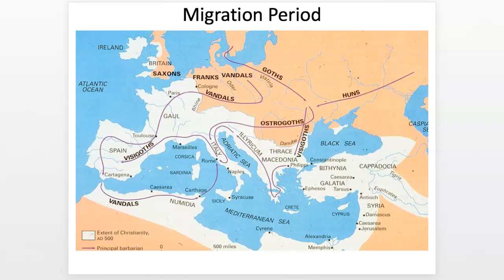And invasion of other parts of Europe from people who came from different areas into areas that they didn't originally have or own. So there's the peoples of the Huns coming in, the Goths, the Ostrogoths, and Vandals, Franks, Saxons, Visigoths. You have this whole area where the Vandals are coming through.